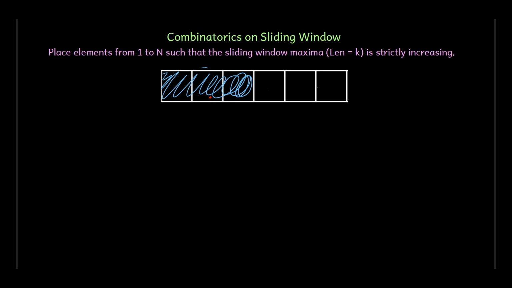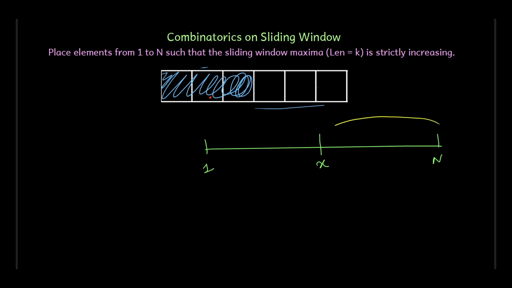So now notice what the left part needs us to fill. If this is your partition point x, if this is 1 and this is N, we know that the numbers on the right hand side can only come from this right region, from x to N, and the numbers from the left region can only come from 1 to x.